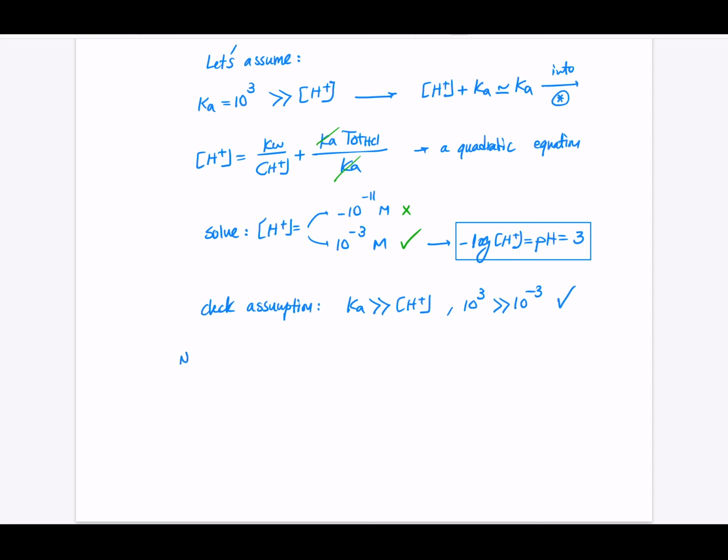So now let's calculate the concentration of HCl and also Cl minus. You can use whatever equation you want: equilibrium, mass balance, charge balance.